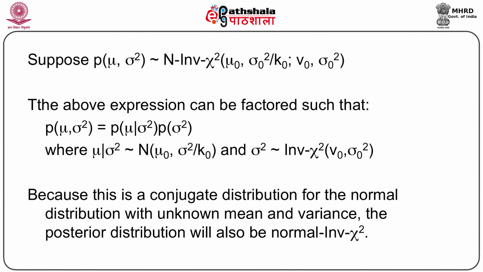Because this is the conjugate distribution for the normal distribution with unknown mean and variance, the posterior distribution will also be normal inverted chi-square.